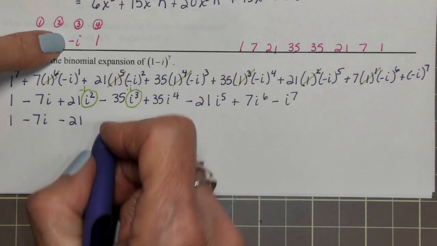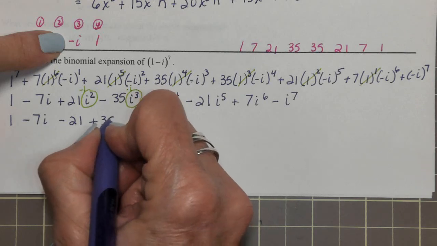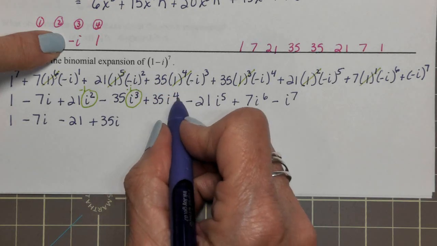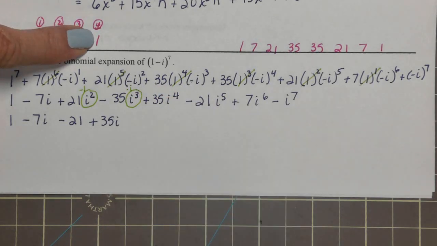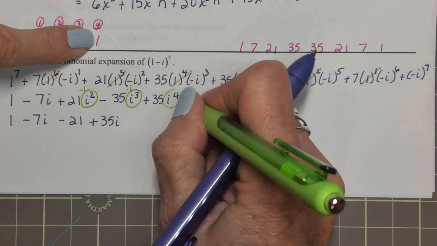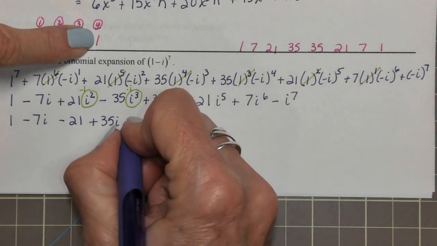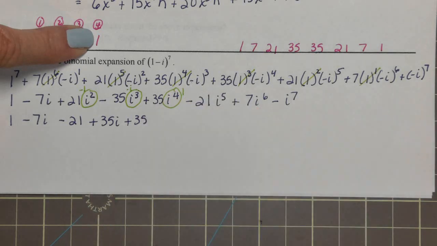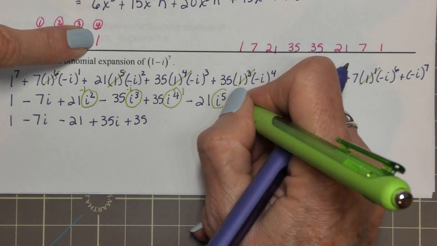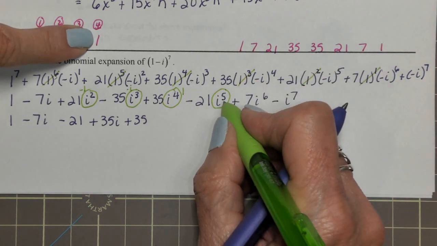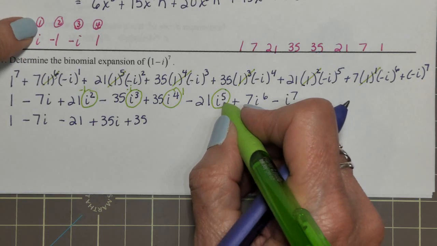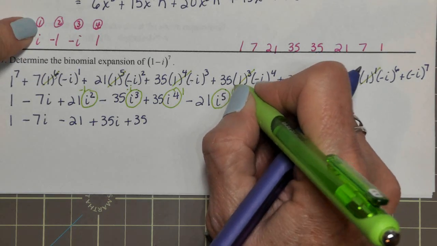So i cubed is negative i. So times negative 35 will be a plus 35i. i to the 4th is just 1, so this is just a plus 35. i to the 5th: 5 is 4 plus 1, so you have a remainder of 1, so this is just i.